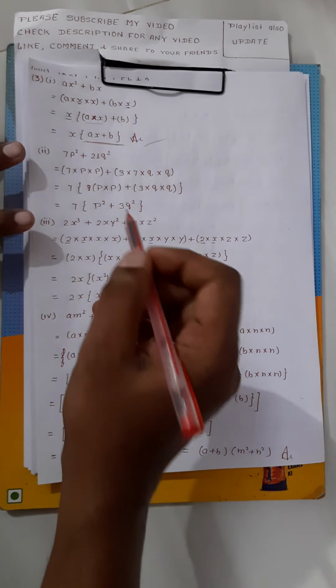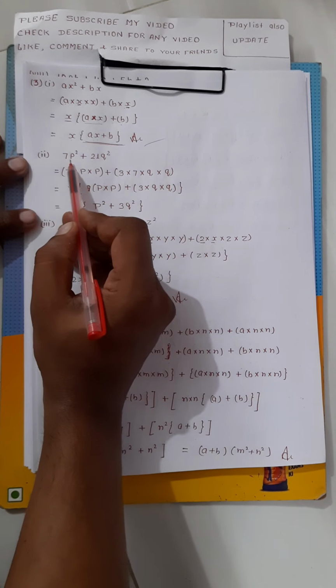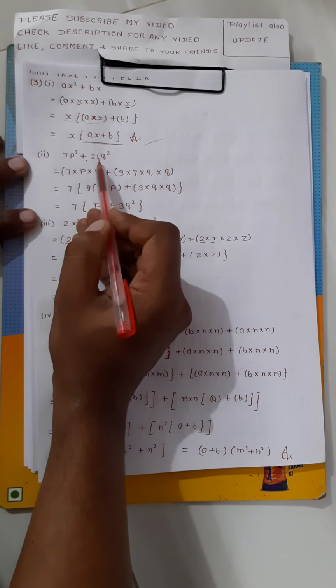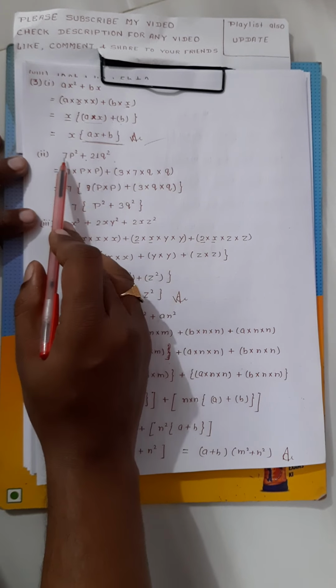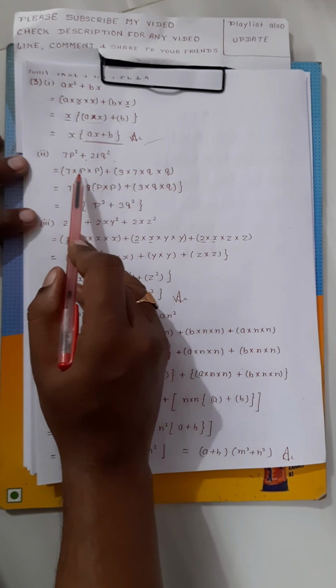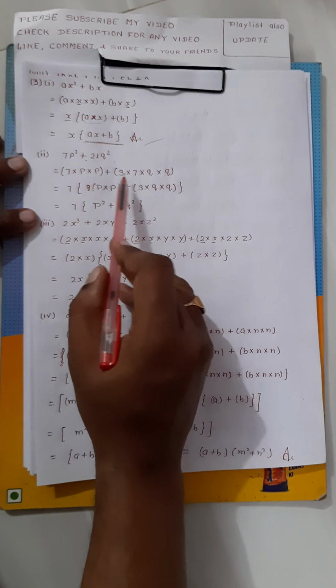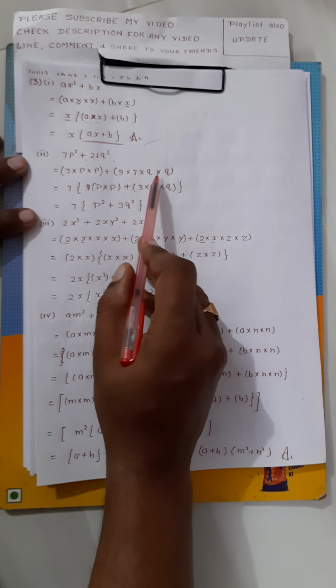Our next question is 7p square plus 21q square. If we factorize the 7p square, our value will be 7 into p into p. For 21q square, our value will be 3 into 7 into q into q.